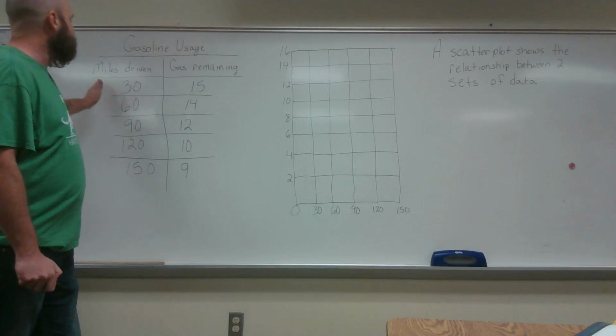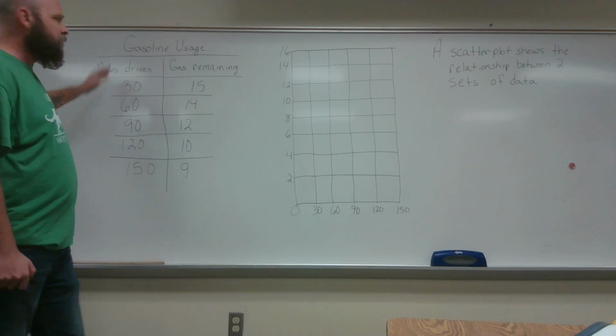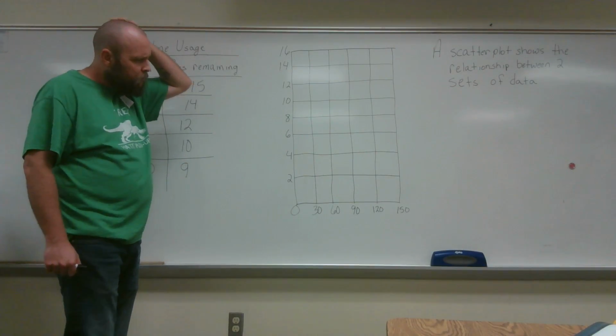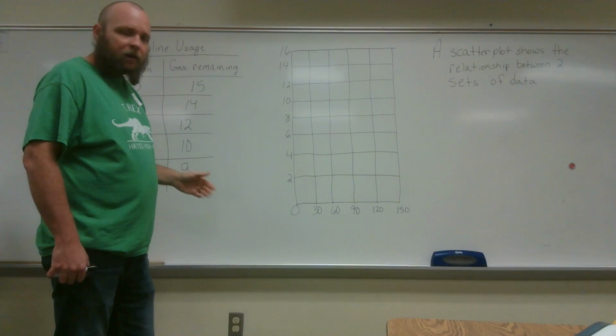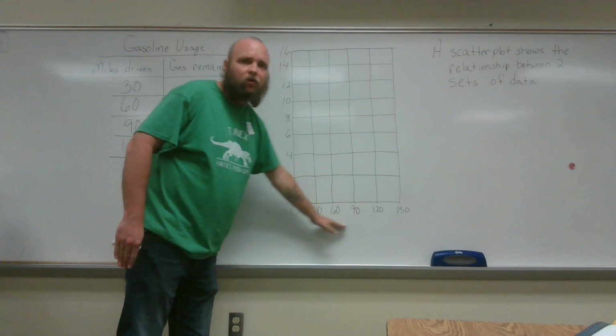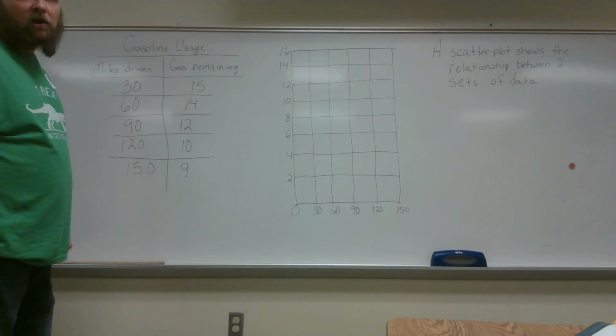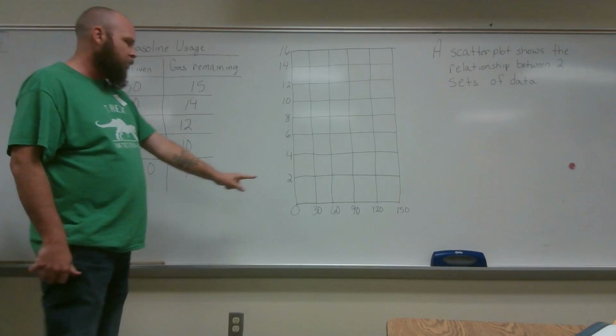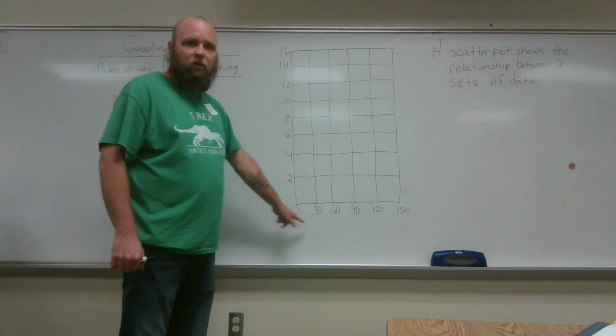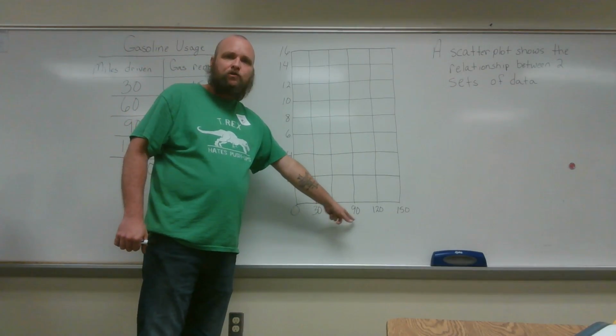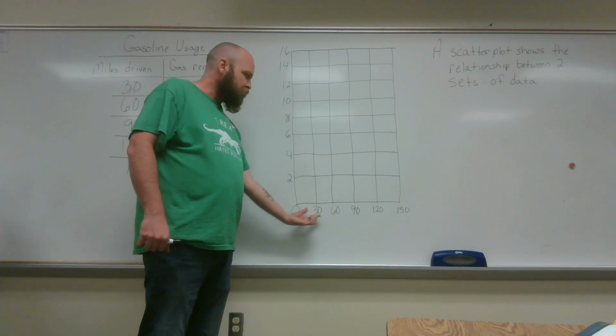So we're going to take this information. Okay, so what information is going to go along the x-axis, the horizontal axis? Well, the scale is already there, and the scale is what we're counting by, the intervals between each line.